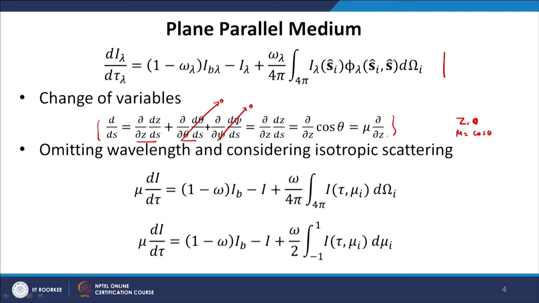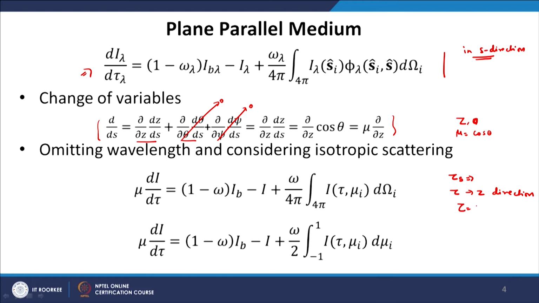Now, we will simplify our radiative transfer equation. This radiative transfer equation was in the s direction. Now, we have changed the coordinates, so it will be in the tau or z direction, where d tau is simply kappa times dz.